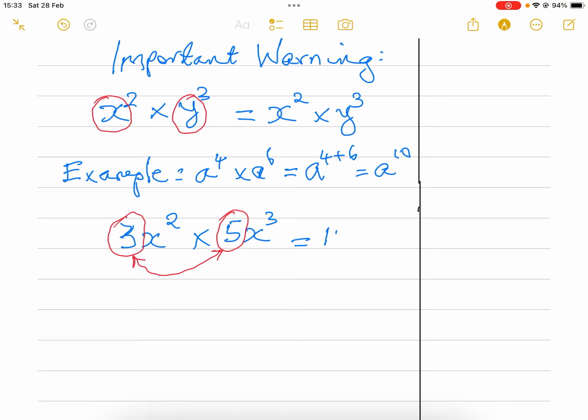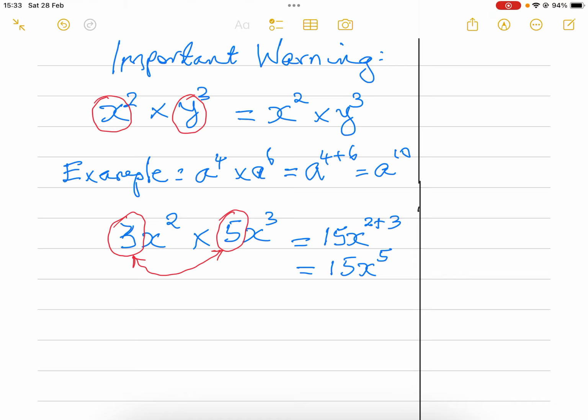So when you multiply the two, you will have 15x raised to power 2 plus 3, which is 15x raised to power 5.